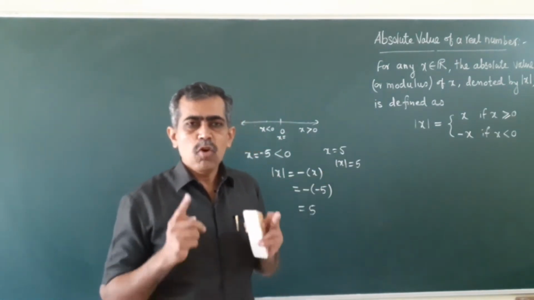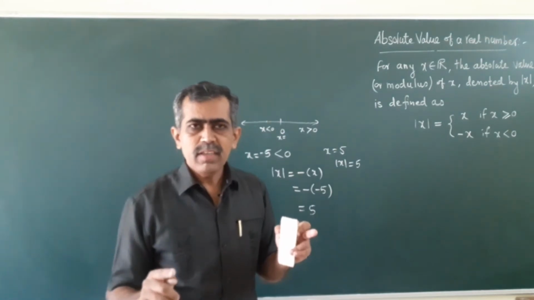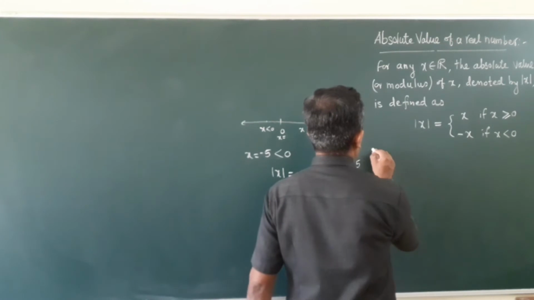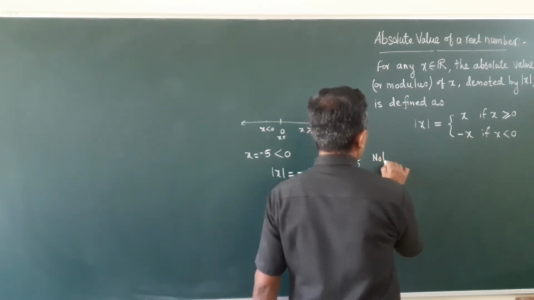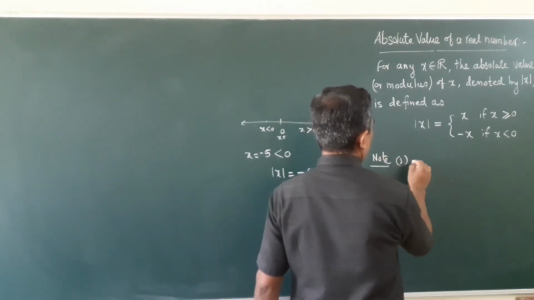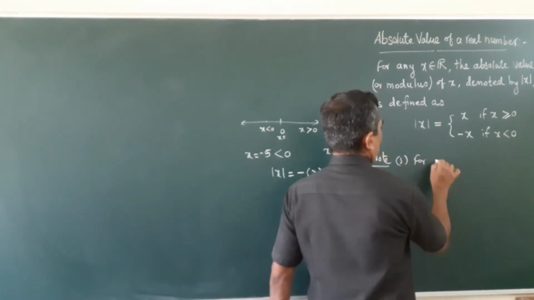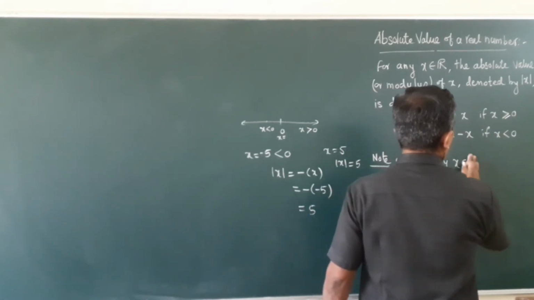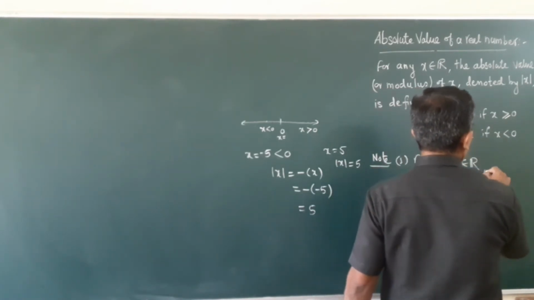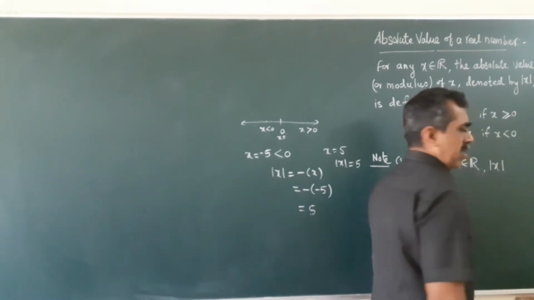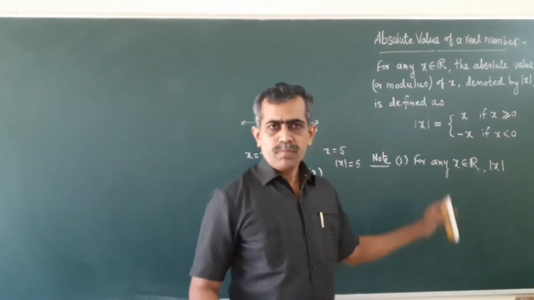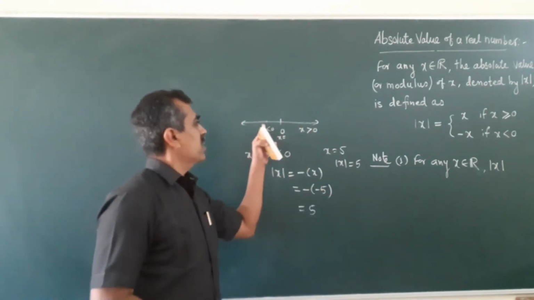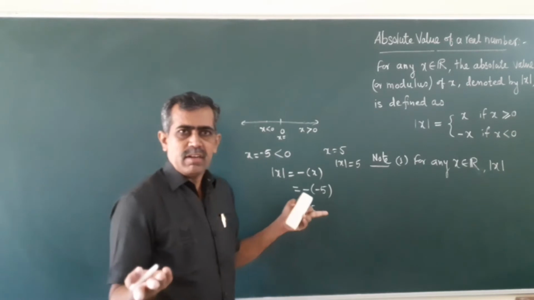So, how can we say that the modulus of any real number is always, yes, I may put a note here, note number 1. For any x belonging to R, for any x in the set of real numbers, if x is 0, mod x is 0, and if x is non-zero, meaning either negative or positive, mod x is always greater than 0.